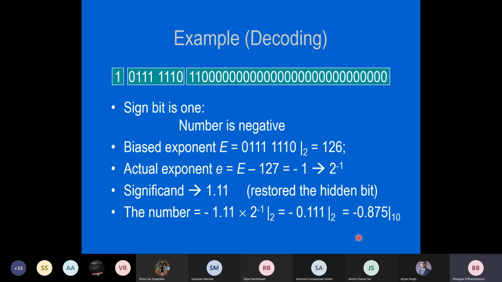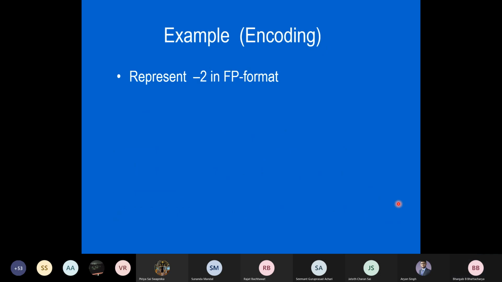So you see this encoding and decoding, once you know this simple rule and once you understand the interpretation of this format, it's straightforward. Well, maybe another example for encoding for your practice. If I want to represent -2 in floating point format, first I convert into binary: 1 0.